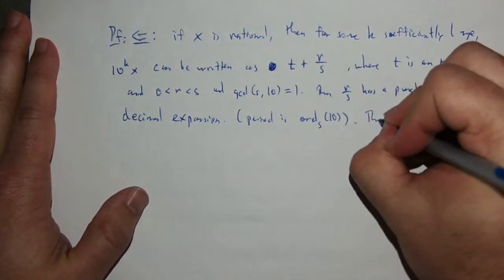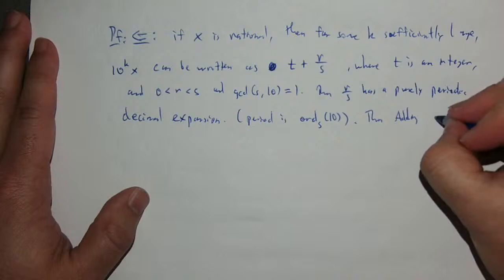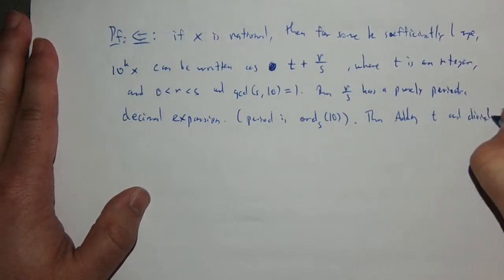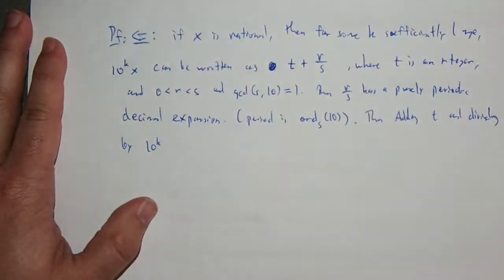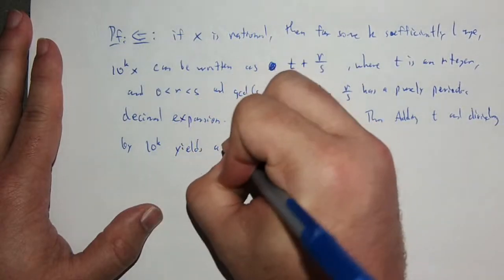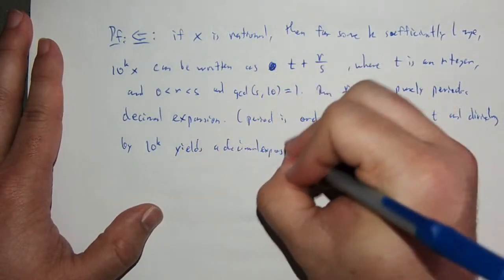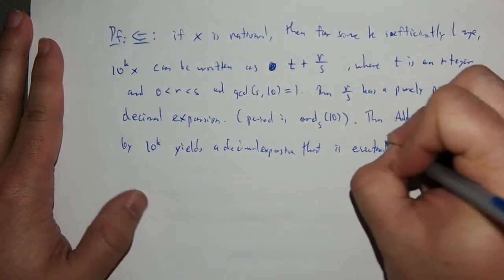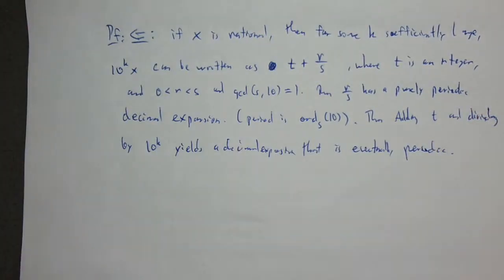Then adding t and dividing by 10 to the k yields a decimal expansion that is eventually periodic. All right.